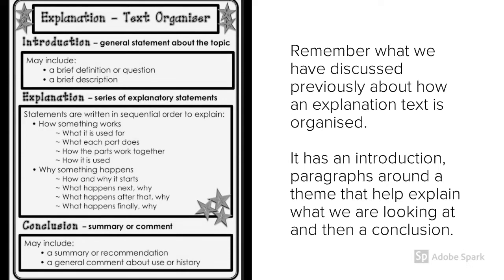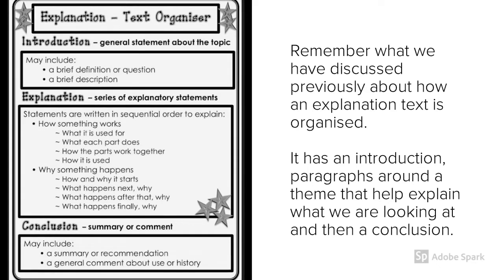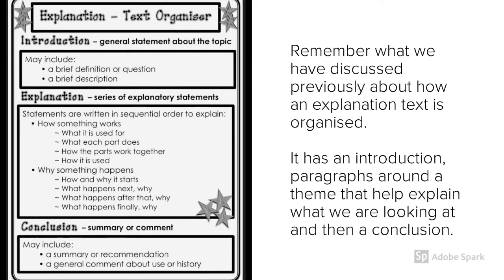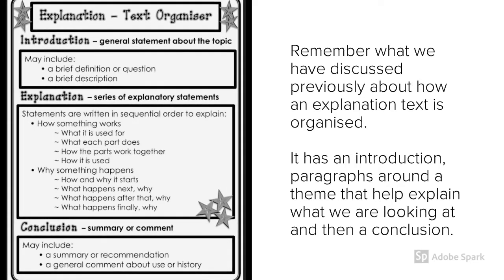Remember what we have discussed previously about how an explanation text is organized. On the page next to this writing, you can see a text organizer that can be used to help when you are writing an explanation text. You can see that the introduction is a general statement about the topic, and it can include a brief definition or a rhetorical question or a brief description.